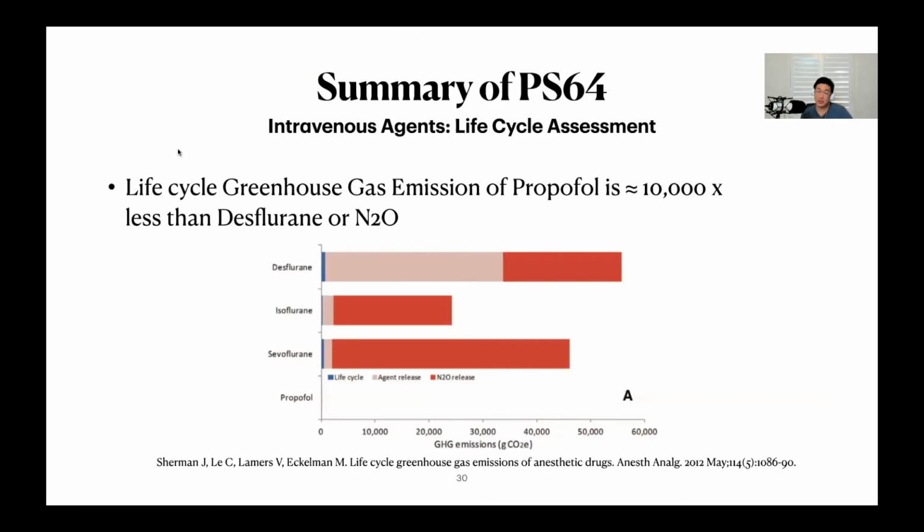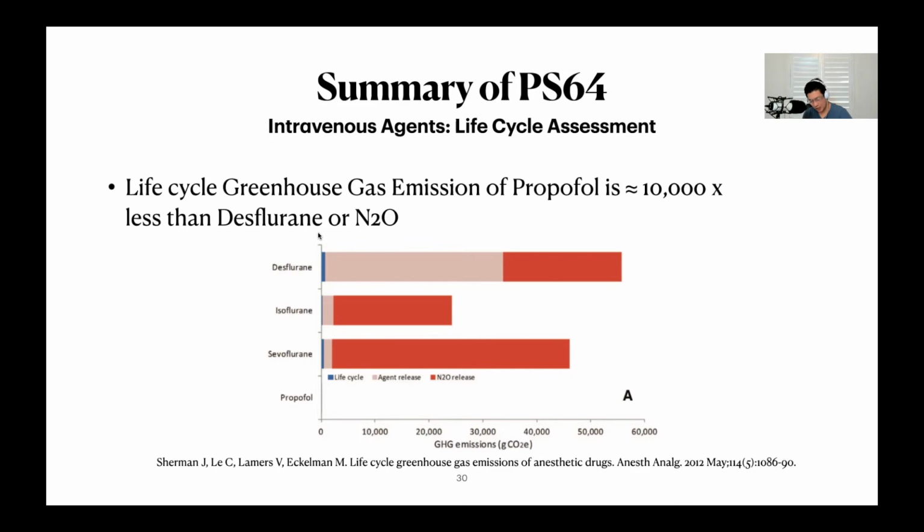Now, this is really interesting because despite all those things we talked about, the manufacturing, the packaging, the transport, the energy and materials for drug delivery, the environmental impact, when you think about that for propofol, it only accounts for very minimal greenhouse gas emission. It's approximately 10,000 times less than desflurane or nitrous.